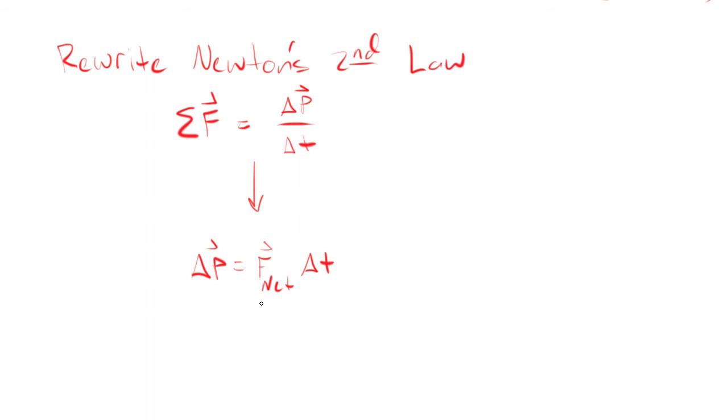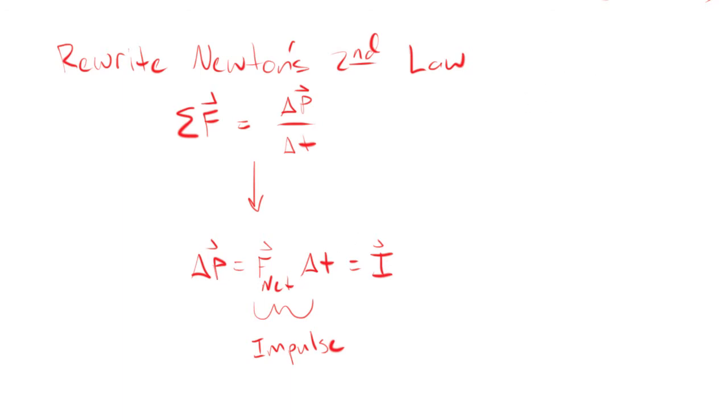And this quantity is pretty important. This quantity is called the impulse. So we give it a special letter, a capital I. If you have a net force acting on an object for some amount of time, that's an impulse, and it's equal to the change in momentum of that object.